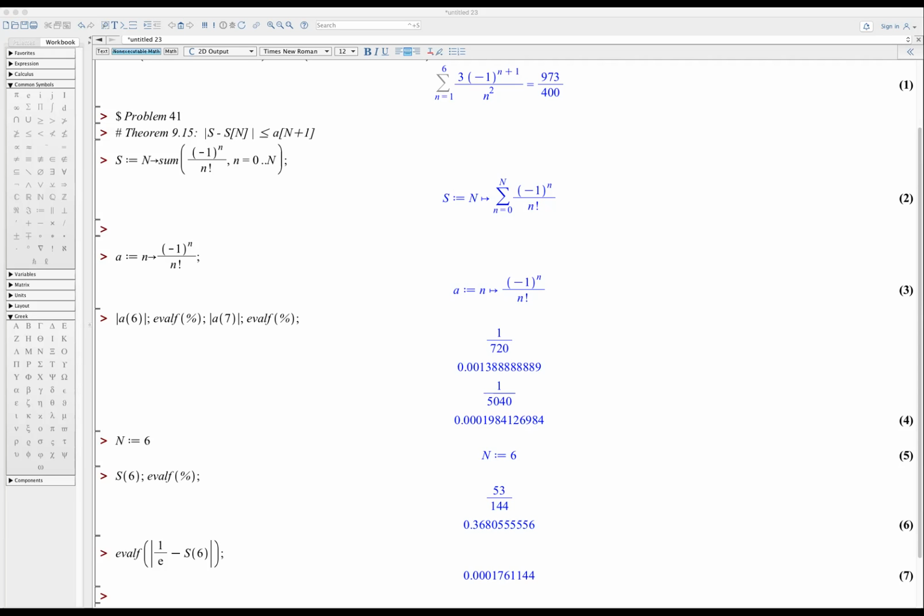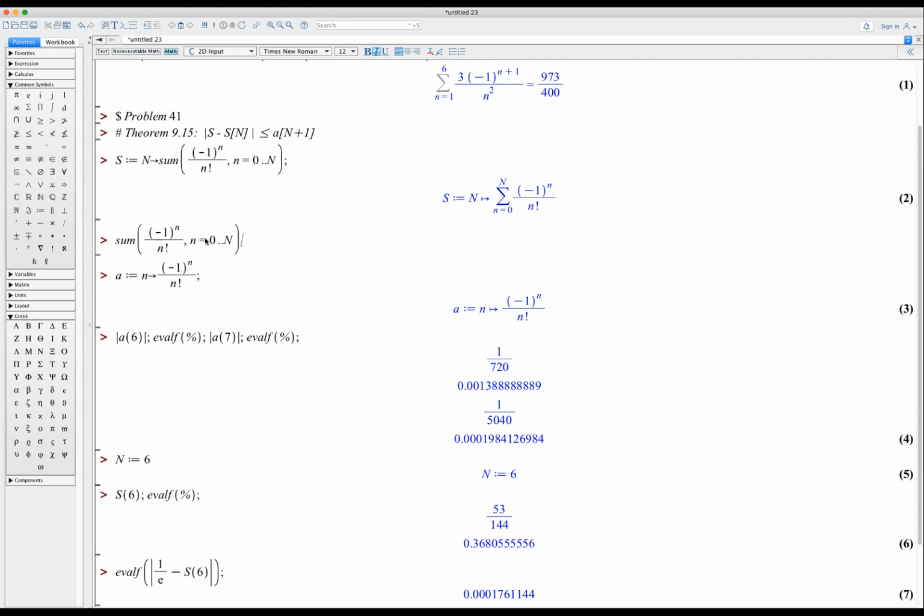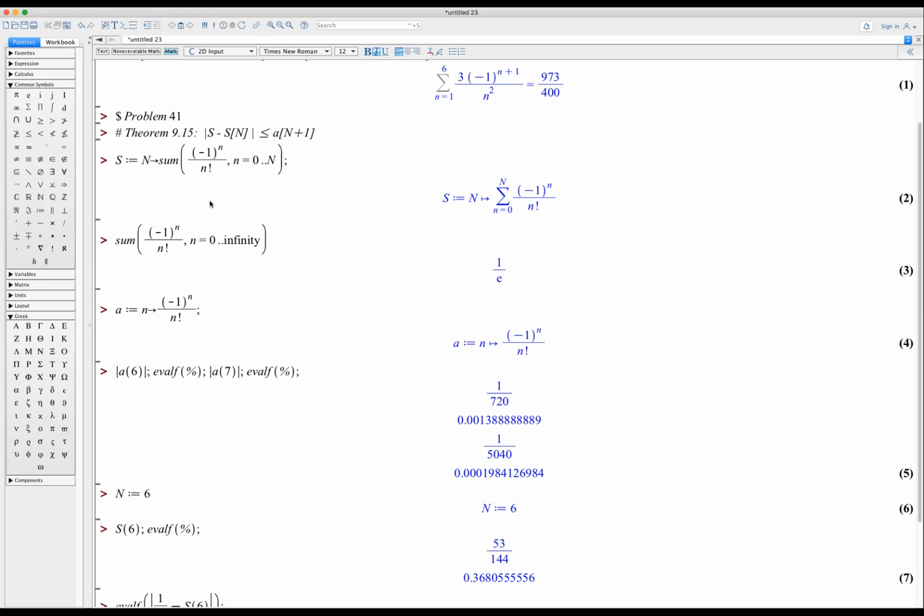So the difference between the sum, which is 1 over e, minus s of 6. Well, the whole sum, let me put it in here, the sum from 0 to infinity, that's 1 over e.